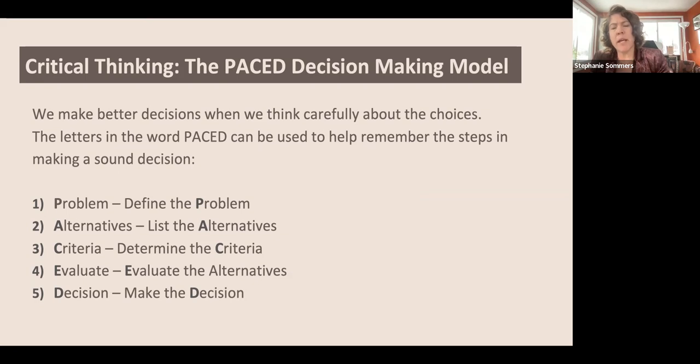The way she explained it, a cost-benefit analysis tool works when you only have 2 options, or you're trying to determine the costs and benefits of a single choice. But oftentimes there are multiple alternatives when we're thinking about a problem. That's where this PACE decision-making model comes into play.